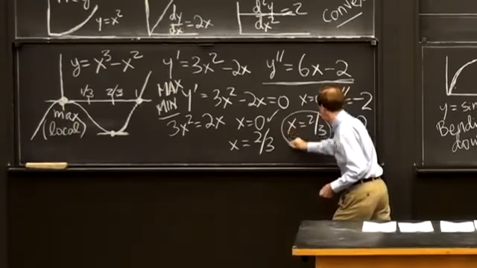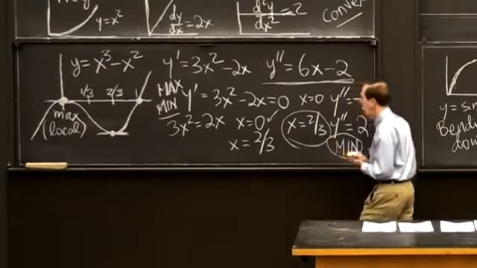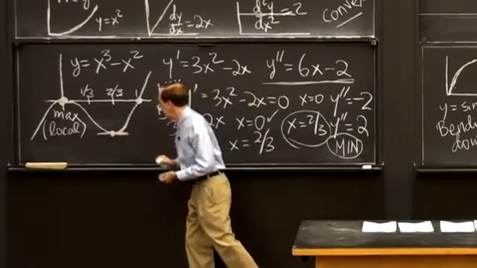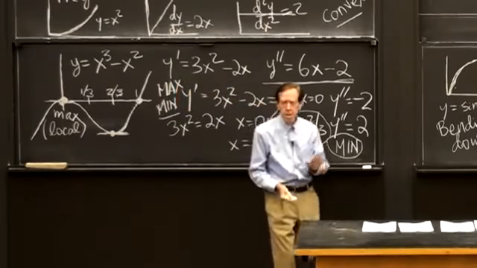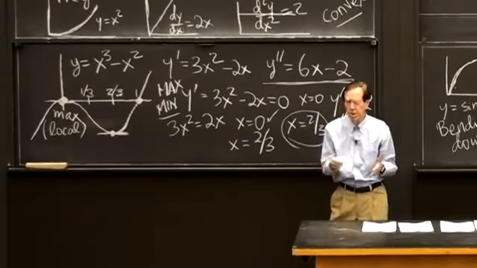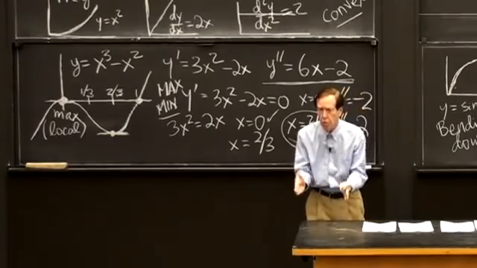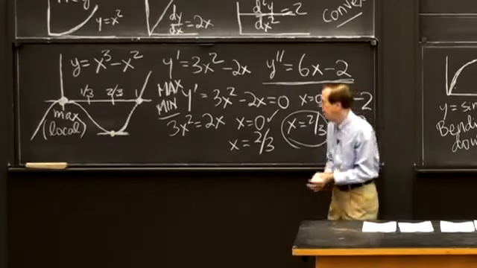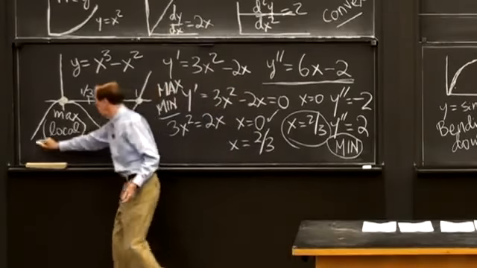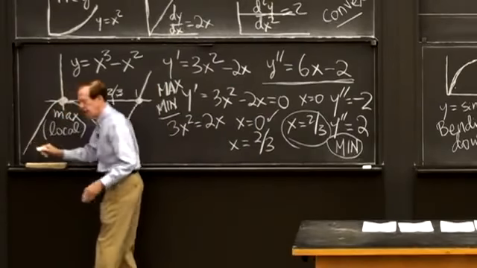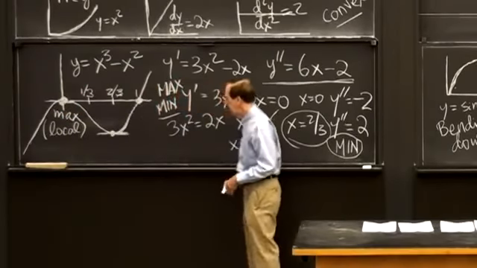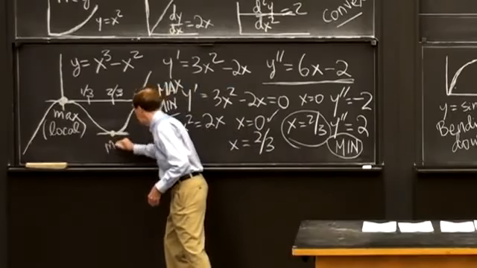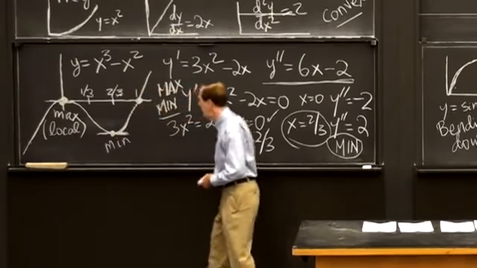At x equal 2/3, I'm expecting a min. And of course, it is. And again, it's only a local minimum. The derivative can only tell you what's happening very, very close to that point. The derivative doesn't know that over here the function is going further down. So this is a min, and again, a local min. Okay.